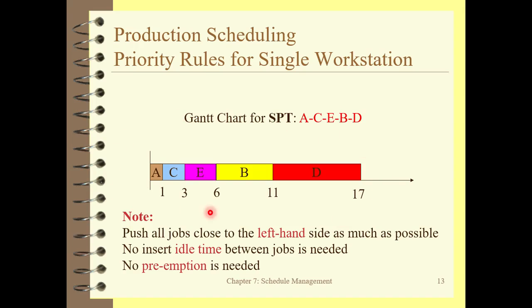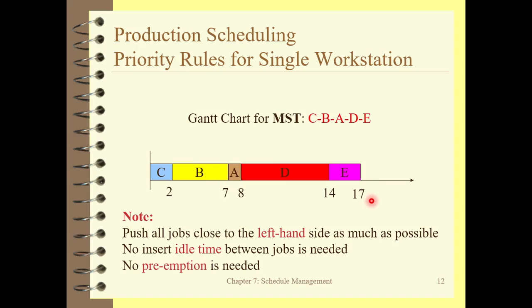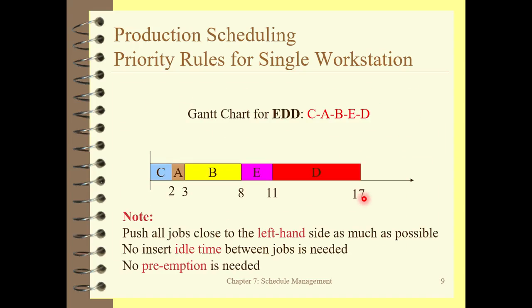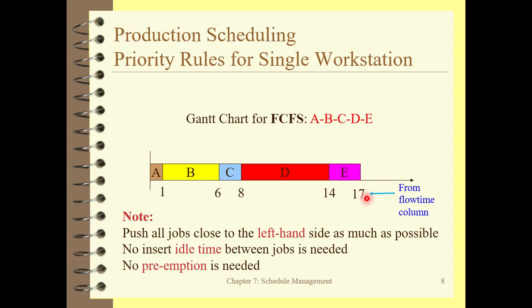Don't forget that whenever you sequence the jobs according to the priority rules on a single workstation or single machine, the completion time of the whole job set will be the same. Here you can see that according to SPT, all the jobs will be finished at 17. MST again 17, EDD 17, and first come first serve 17.